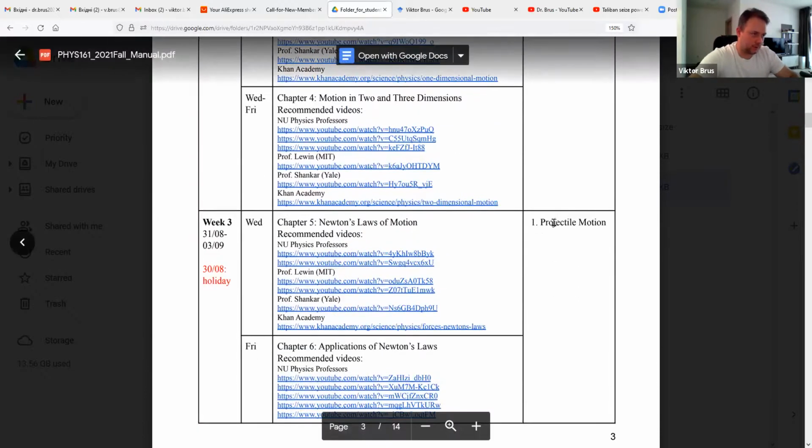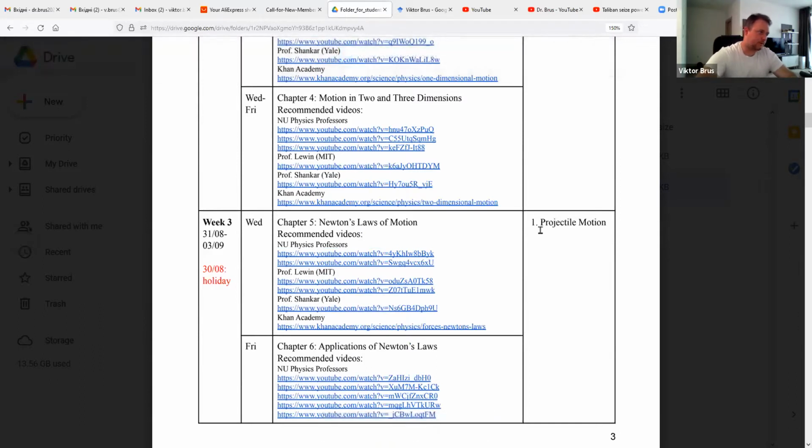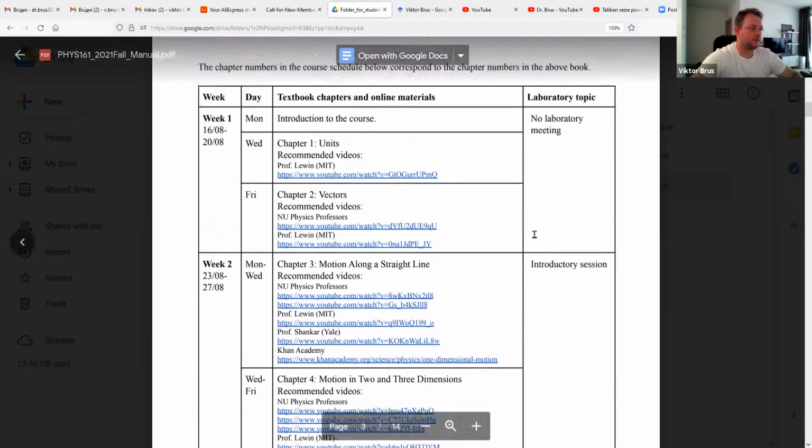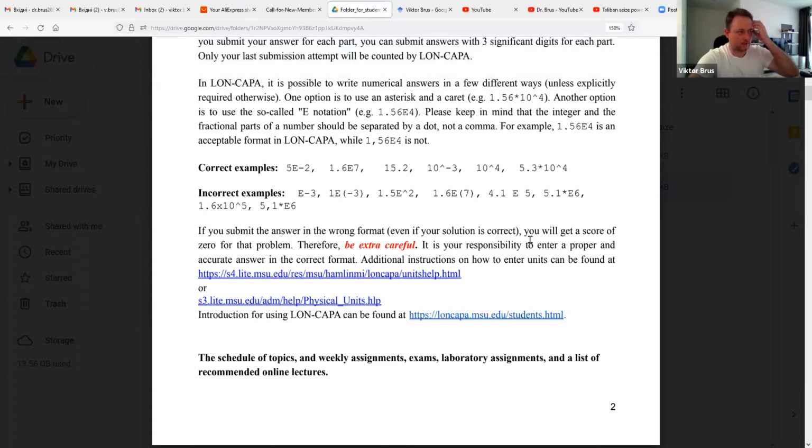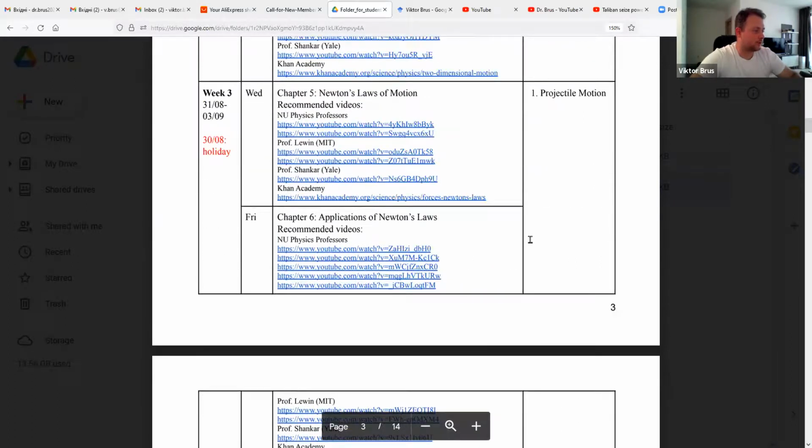And starting from third week, you will get laboratory works to be done. So you will work closely with your lab assistants and also lab coordinator. Here in this manual, there is all information, like the name of the lab coordinator, and also the name of our lab supervisor. Let's check here.